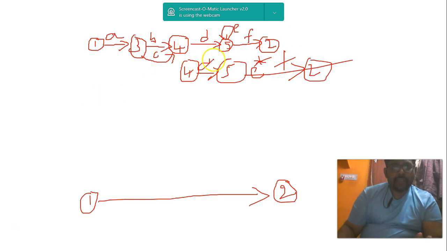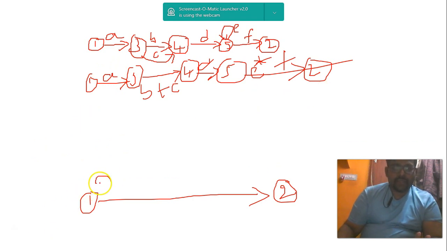So D, and here there is a parallel loop. So 3 to 4, B plus C, and 1 to A. Now entire thing is parallel, serial.